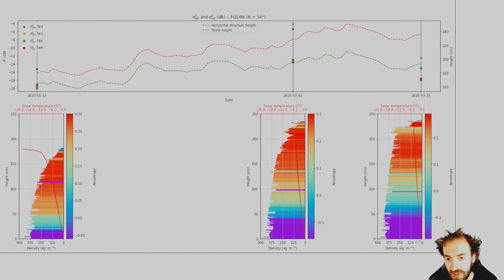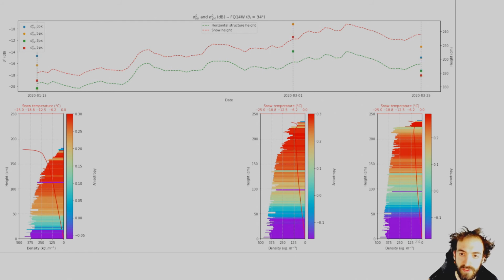We can also see that between the second and third date in the snowpack, there is the appearance of a hard density slab near the surface, and this would increase the specular reflection in the snowpack, and hence diminish the backscattered intensity. And this is again what we see in the backscattered intensity plot.